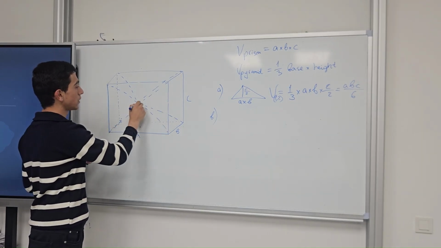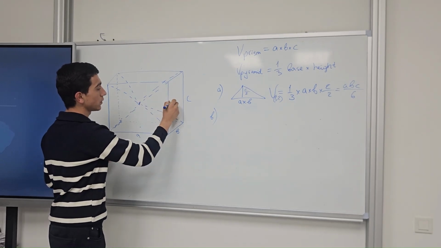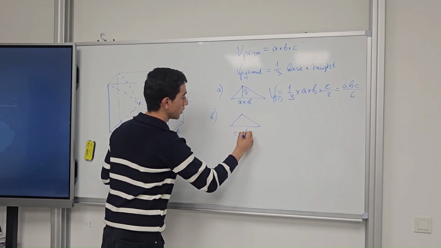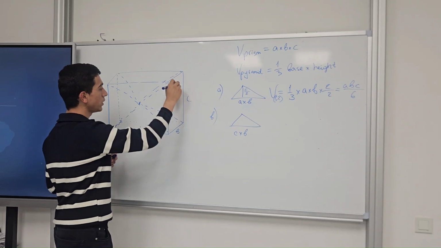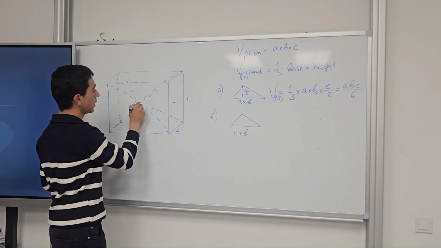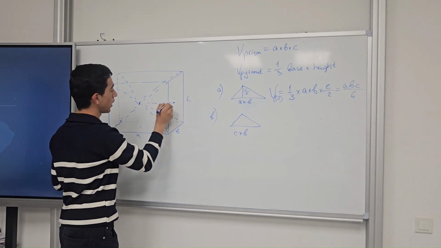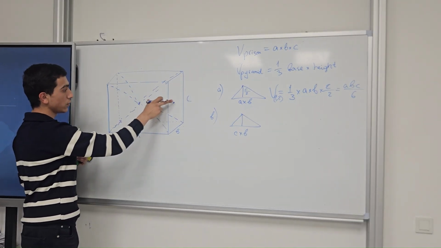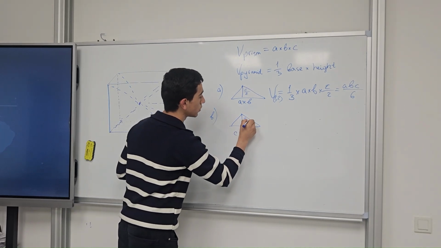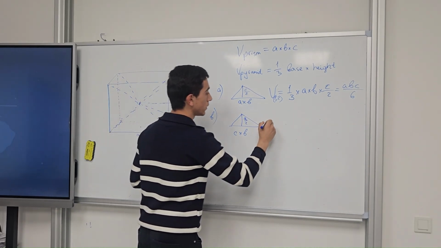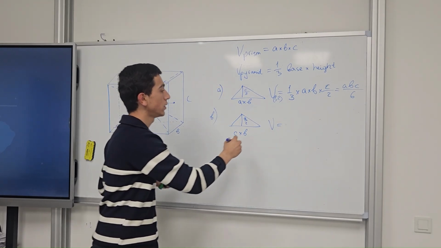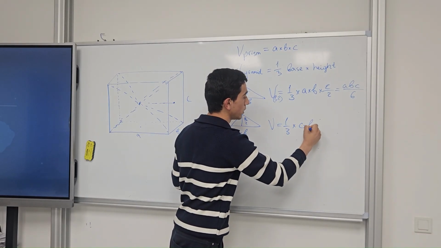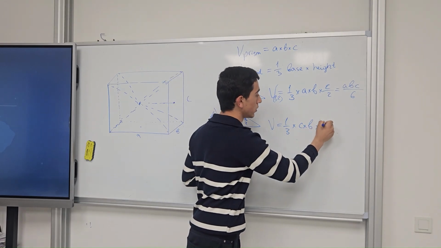Next we have another pyramid. Let's take the same center, and this time we take the base as C and B. This is the base of the pyramid, and this is the apex point of the pyramid, and this is the height of the pyramid. The height of the pyramid in this case is A over 2, and we can write the volume of the pyramid with base C multiplied by B and height A over 2.